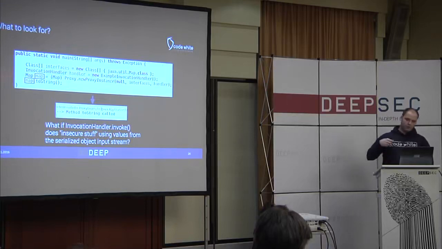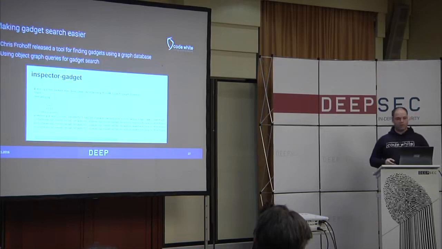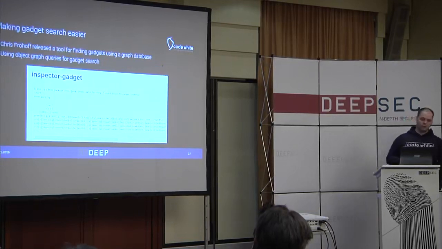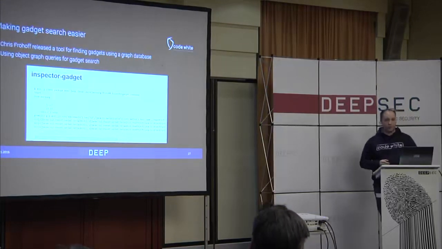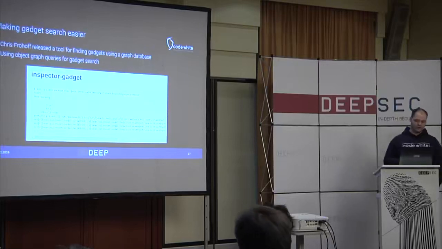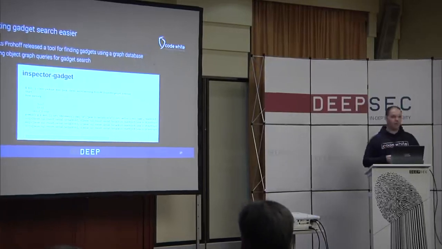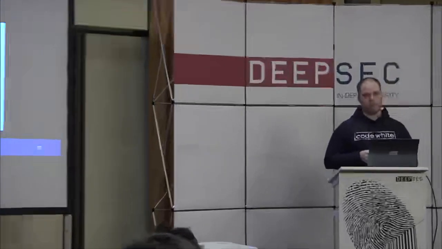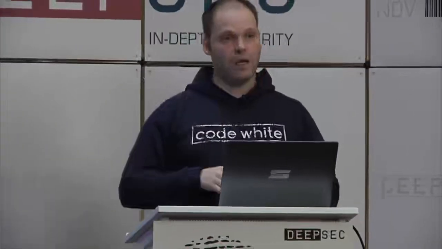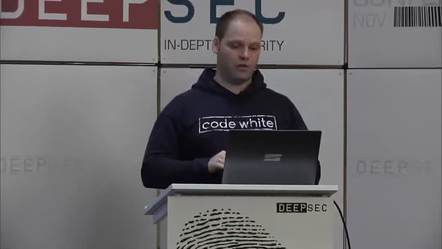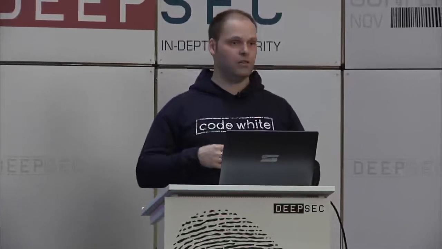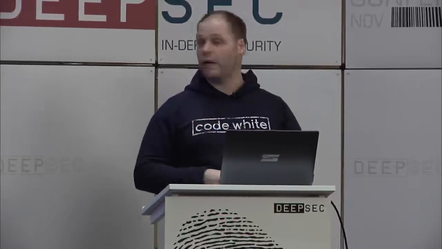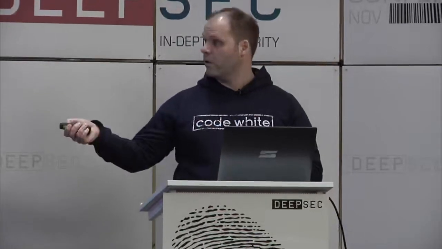If you don't want to do it manually, you can also use a tool from Chris Frohoff. It's called Inspector Gadget. It's an object database. He's using Gremlin. What it will do is index all the classes which you have in the classpath. Then you can write queries and find out, for example, which class implements Serializable and also has a method readObject.